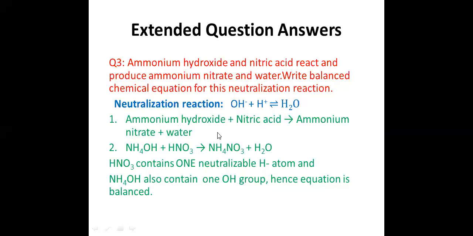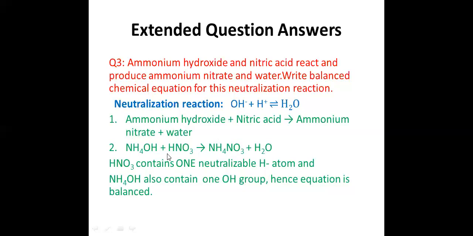After writing the equation in words, the second step is you have to write the chemical formulas of all the reactants and products. Formula of ammonium hydroxide is NH4OH. That of nitric acid is HNO3. Formula of ammonium nitrate NH4NO3 and water.